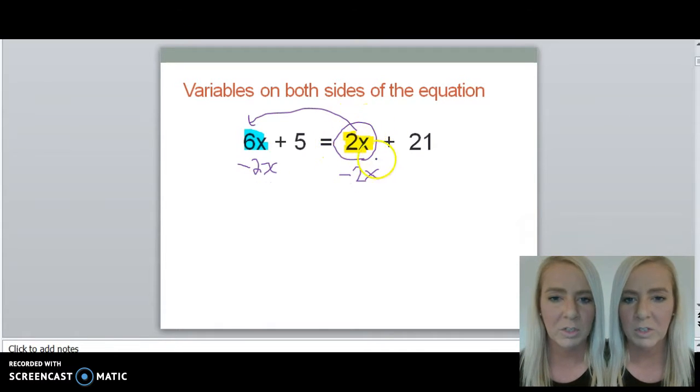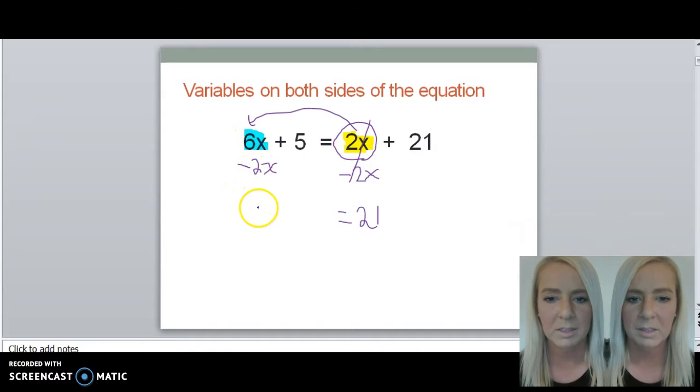Going back to equations, what you do to one side, you must do to the other side by applying inverse operations. So when I do so, my 2x cancel out, and I'm just left with 21 on this side of my equation. 6x minus 2x gives me 4x. And I can bring down my plus 5.